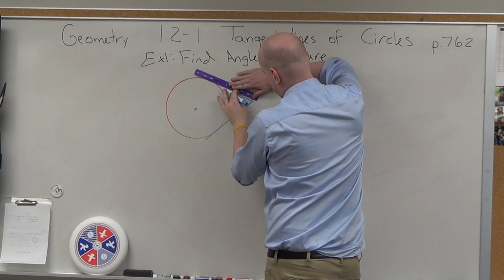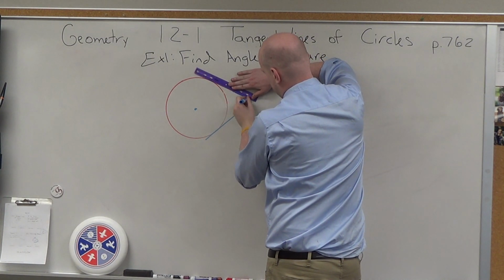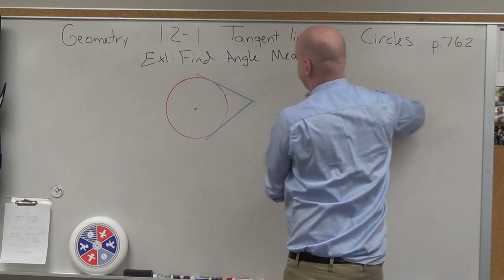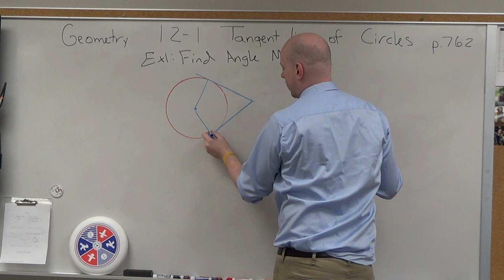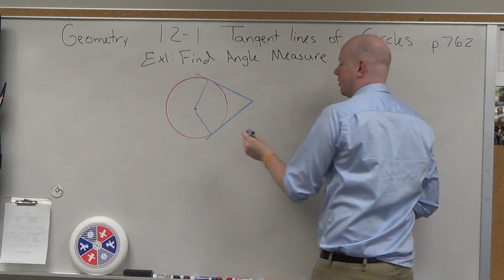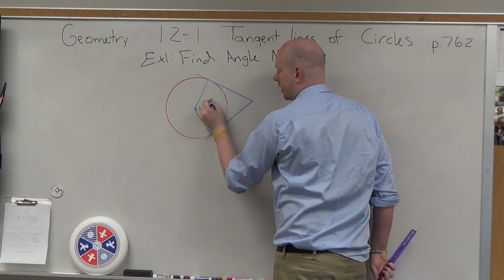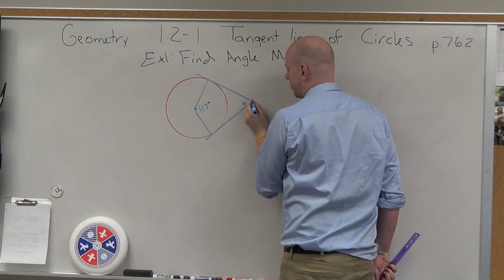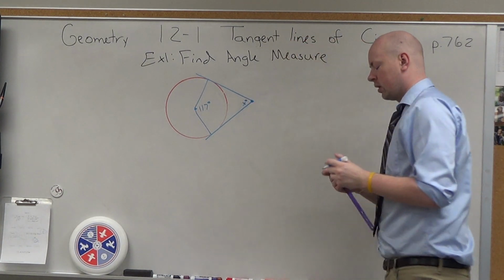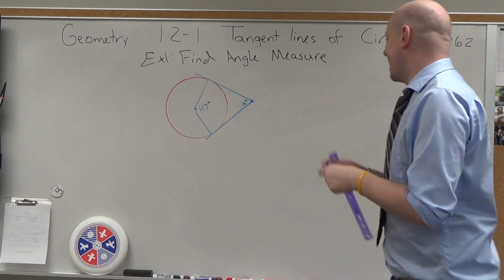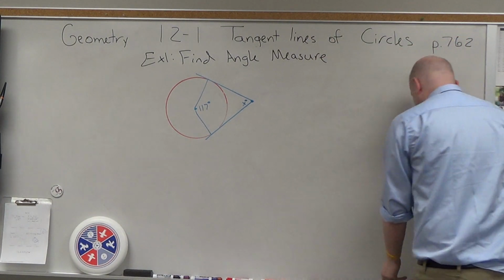Shoot. That line, and then I have here and here at the intersection. And I told you that this was 117 degrees, and this is x degrees. Is there any way I can calculate the value of x?